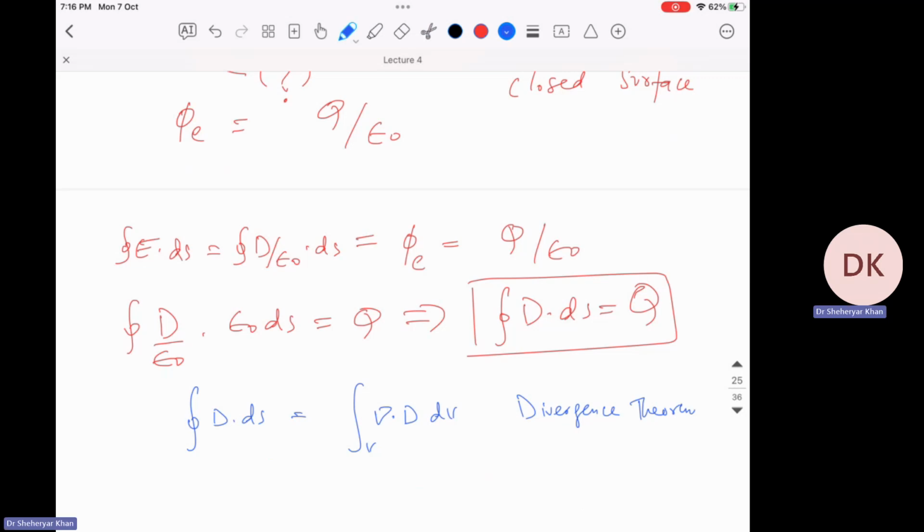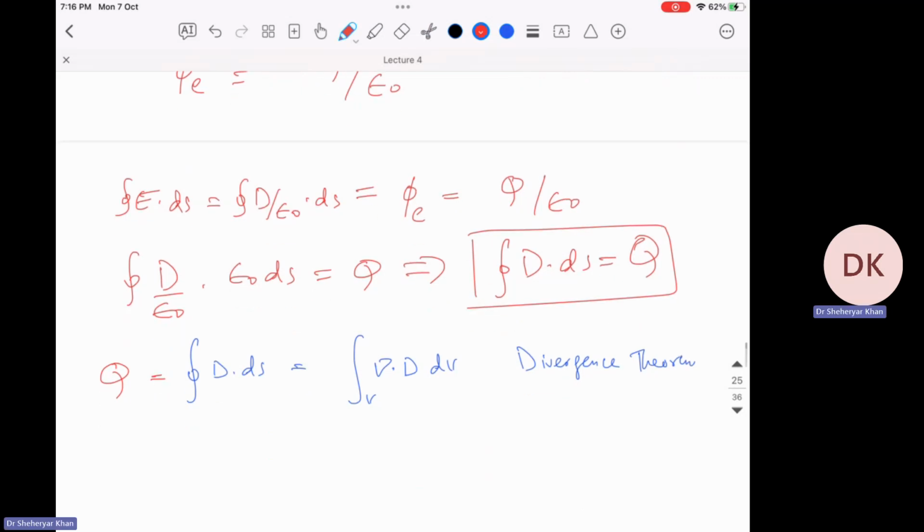Now, can I put D dot dS equals Q for this one, right? So from the above derivation, I know Q is equal to this one. Okay. So that means that Q is also equal to this one, right? Correct?